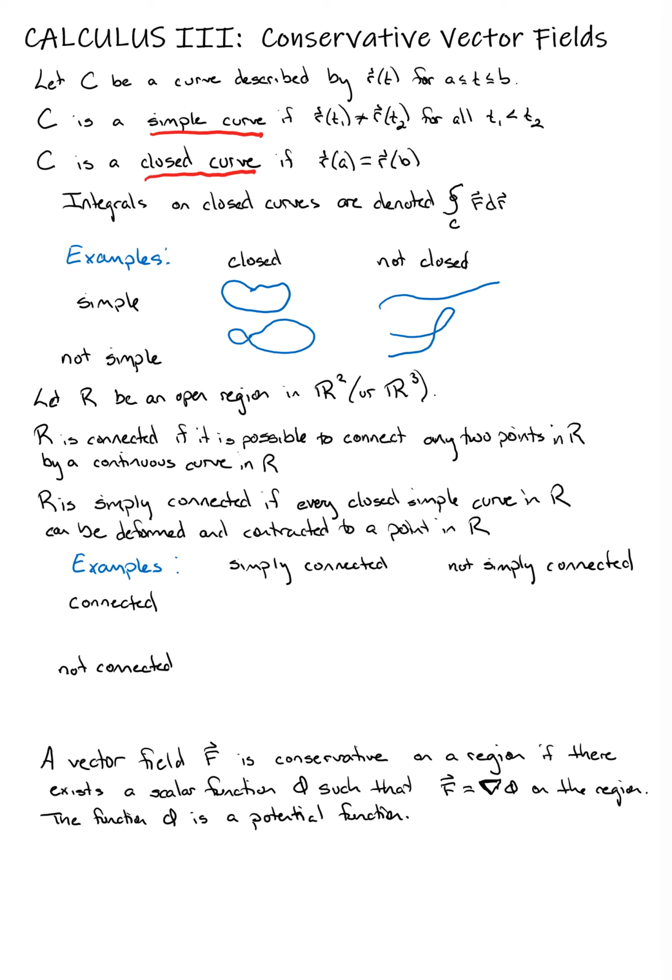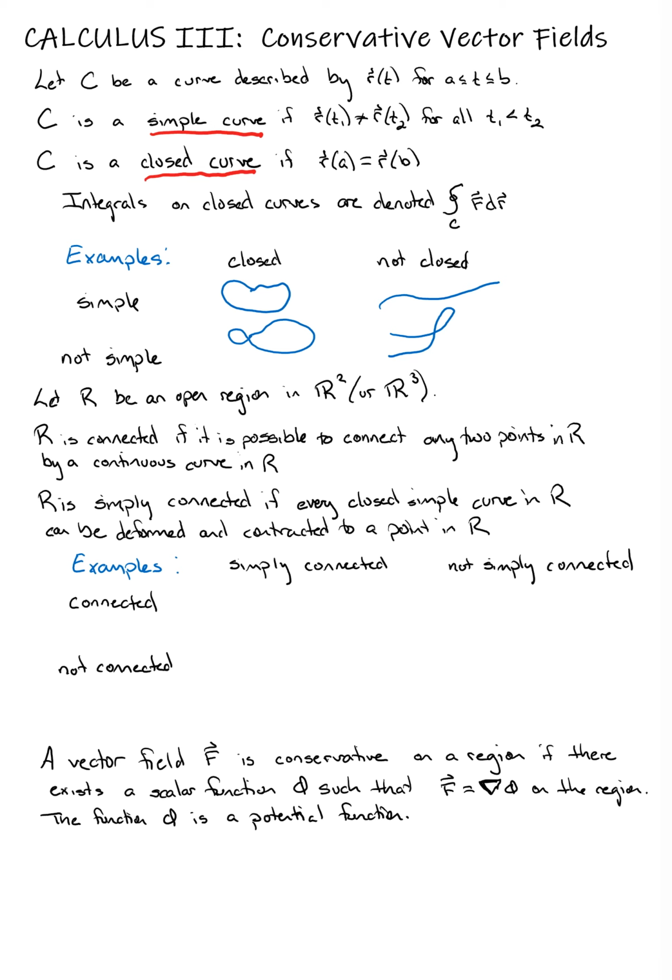Notice it's not simple because of that spot right here, and of course it's not closed. Those endpoints don't join up together. All right, so that gives us simple versus simple and closed.